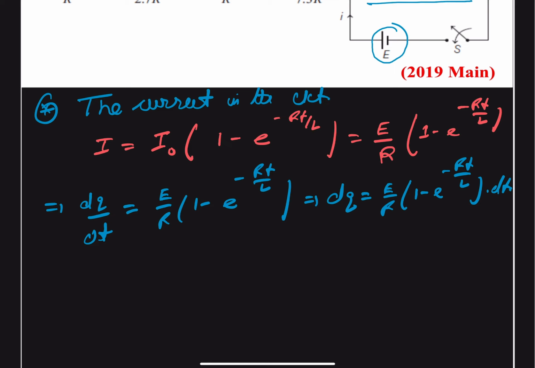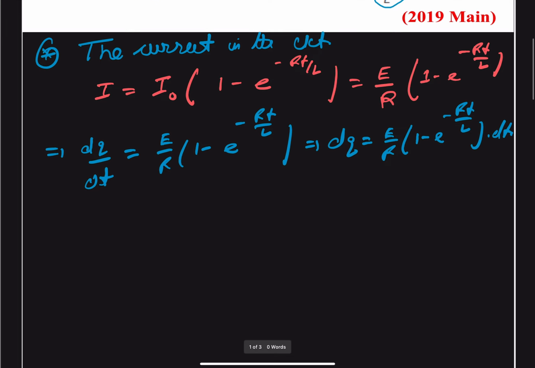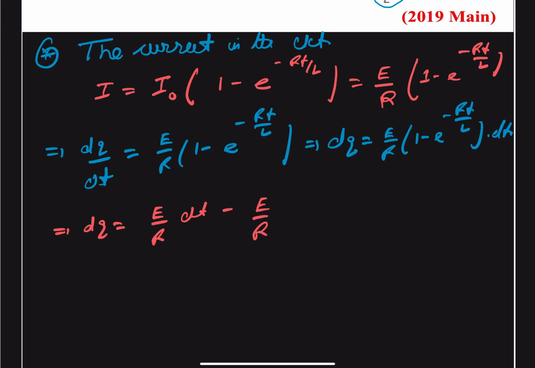We are going to just separate the variables now. So we can write this as dq is equal to E upon R times dt minus E upon R times e raised to power minus RT upon L times dt.